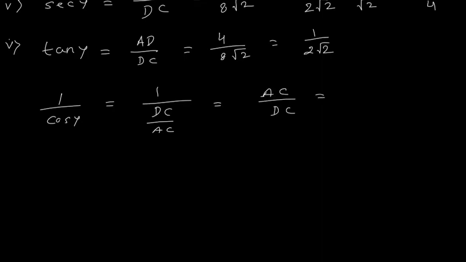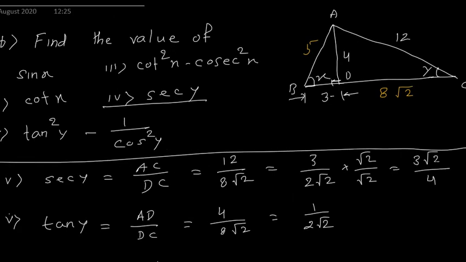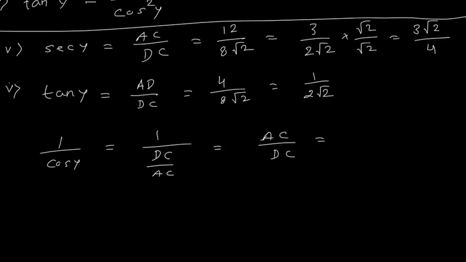Now the value of AC is 12, so 12 upon 8 root 2. 4 3s are 12 and 4 2s are 8, so 3 upon 2 root 2. Tan y is 1 upon 2 root 2, 1 upon cos y is 3 upon 2 root 2.